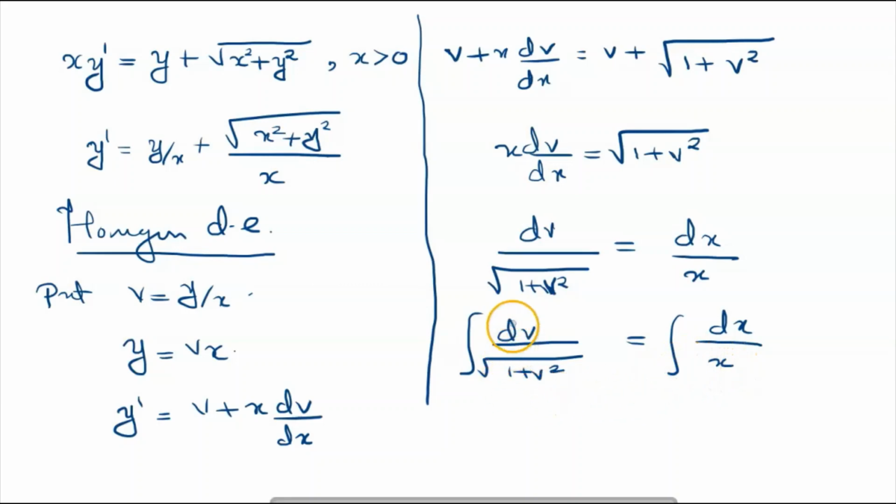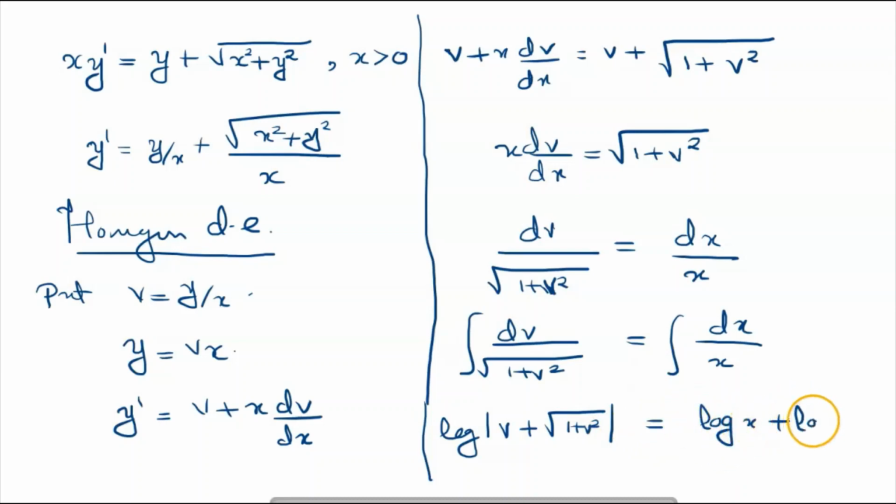We know the result that the integral of 1 by root of 1 plus x square is log of x plus root of 1 plus x square. Using the result, we get logarithm of modulus of v plus root of 1 plus v square, and this is log x plus constant, we write it as log c.